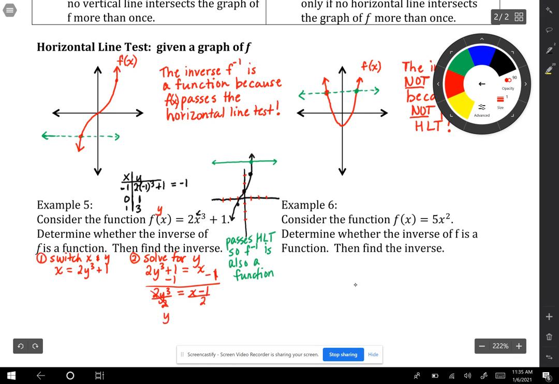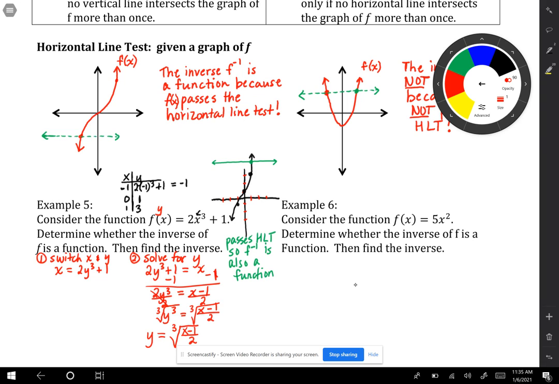So we have y to the third equals (x minus 1) over 2. We're not done because we want to know what y is, not y to the third. Because y is to the third power, we are going to take the cube root of both sides. So our final answer is y equals, there is no plus or minus when there's cube roots, the cube root of (x minus 1) over 2.